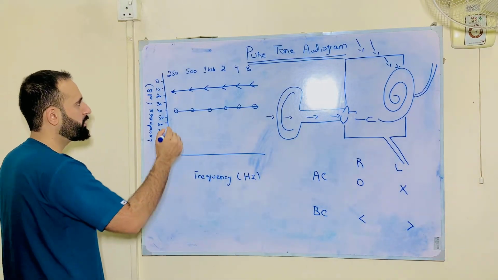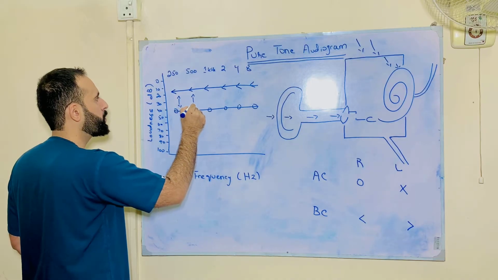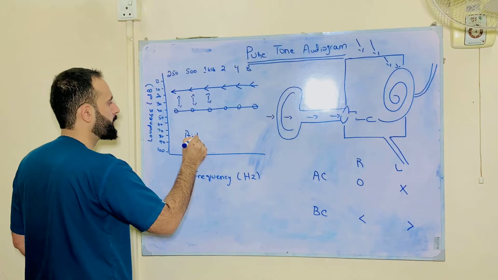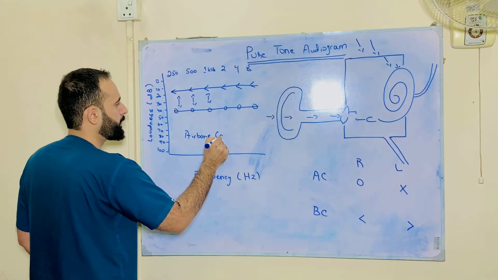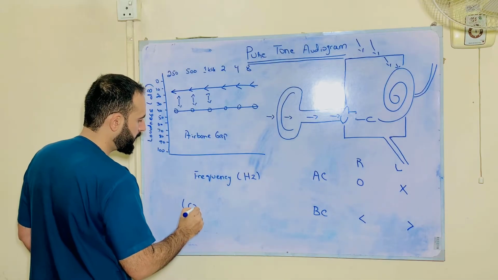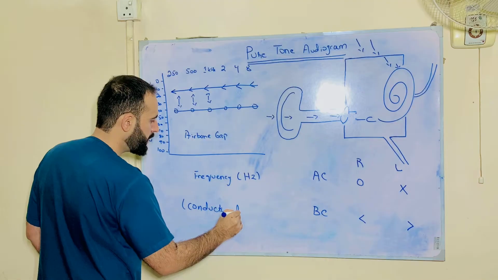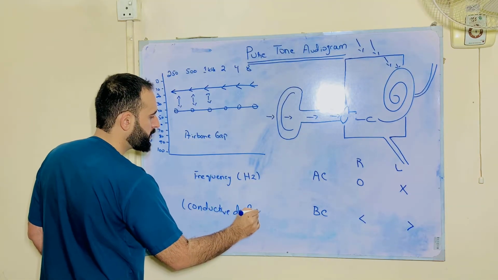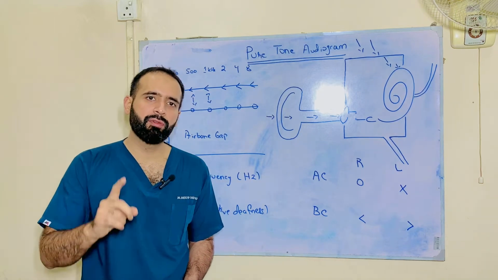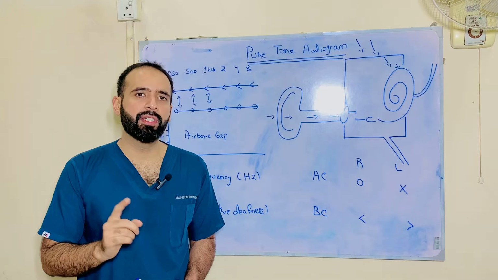Such a type of graph, in which there is a visible gap between air conduction and bone conduction, which you call an air-bone gap, indicates that the patient is having conductive deafness. So whenever you see an audiogram with a visible air-bone gap, that signifies that the patient is having a conductive hearing loss.